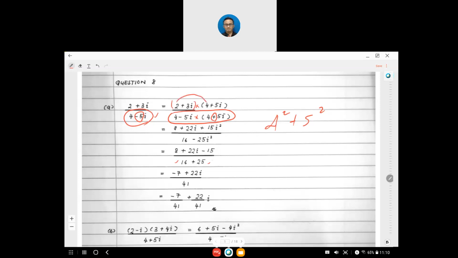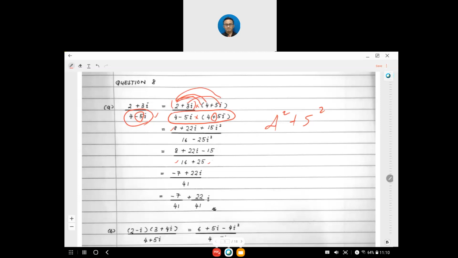You expand everything here. When you expand, you get 2 times 4 is 8, and then 2 times 5i is 10i.